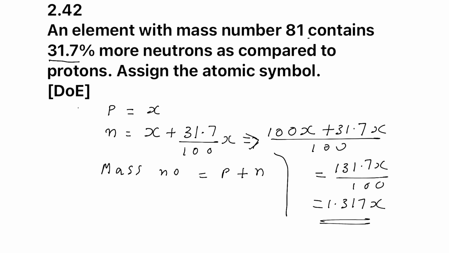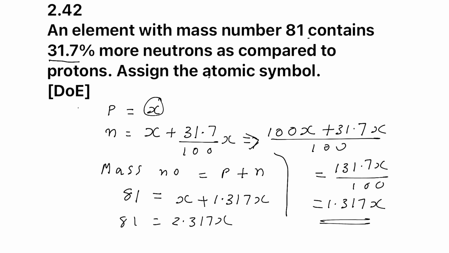Clear, right? Now as per the question, what is the mass number? It is 81. 81 is equal to proton number x plus neutron number 1.317x. Add it. 1x plus 1.317x, 2.317x. Clear? Now what is x? x is equal to 81 divided by 2.317.